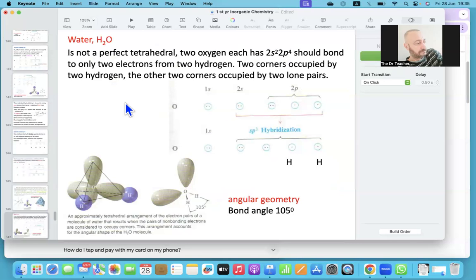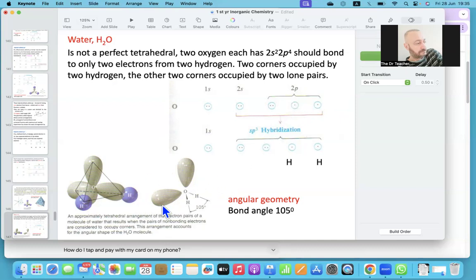And with water, H2O, you can see that we have 1 oxygen and 2 hydrogens. Oxygen is 1s2, 2s2, 2p4. So here, you have only 2 single electrons.